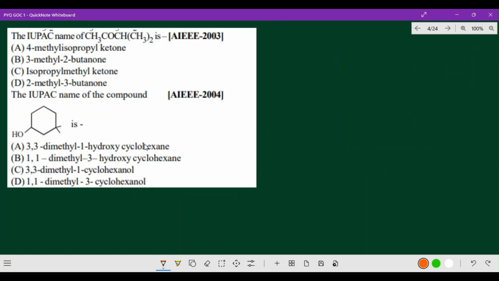The next question is the IUPAC name of CH3COCH(CH3)2. Which is the correct option here? 4-methyl isopropyl ketone. First, let us write the structural formula: CH3, C double bond O, CH, here CH3 and here CH3.